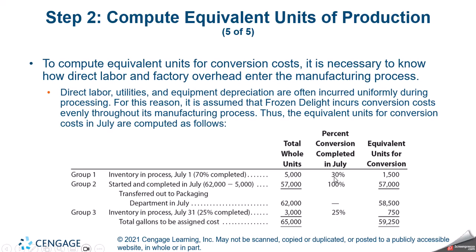So the 5,000 times the 30% gives us 1,500 equivalent units. All of what was completed is 100%. Then again, that is the total that got transferred to the next department. And then the 25% times the 3,000 is what's left. So then that gives us our equivalent units of production.